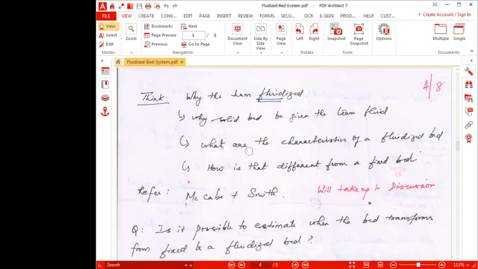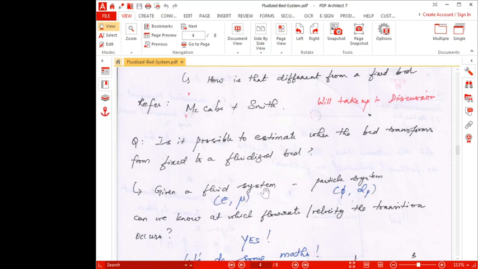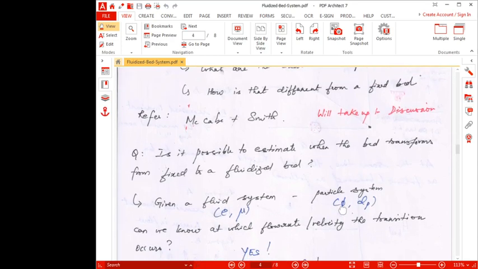That's the second question. Given the fluid system or the particle system, can we estimate this point of minimum fluidization where the bed transitions from fixed bed to fluidized bed? It is possible. We will see this as part of the second video on the same topic.